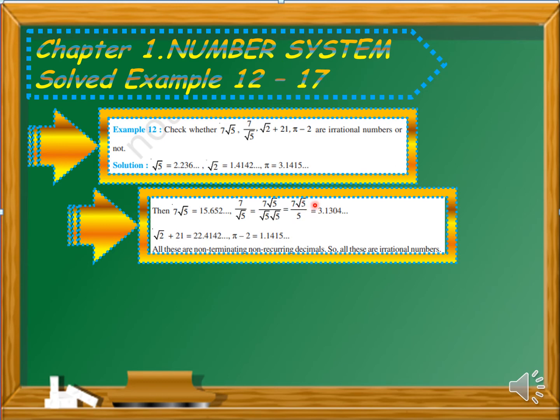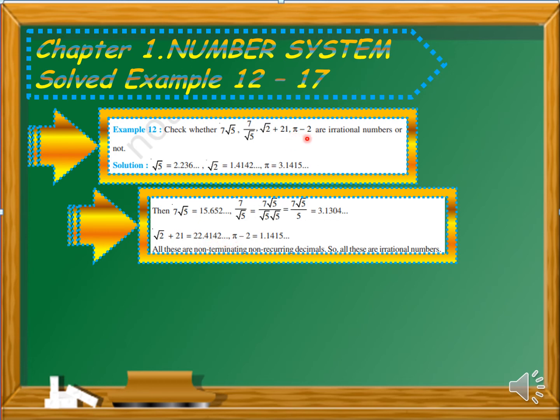After substituting the value of root 5 in the particular digit, we will get the answer as 3.1304 dots. Next one, root 2 plus 21. So substituting the value of root 2 in the particular place and adding with 21, we will get it as 22.4142 dots.